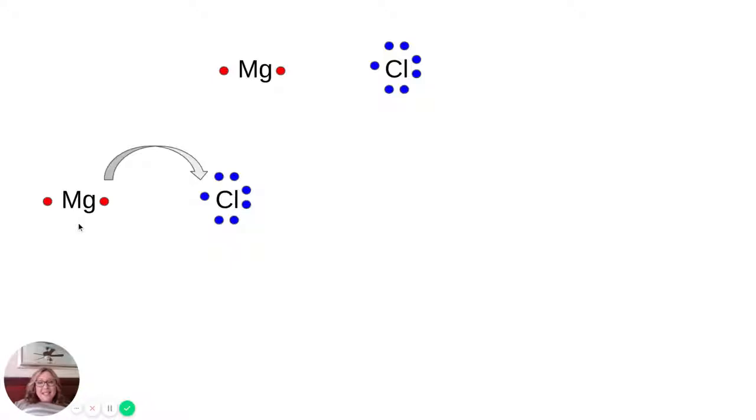Chlorine is going to steal that 1 electron from magnesium. And when it does, chlorine is going to be happy because it now has a full octet. But magnesium isn't quite so happy. It still has 1 valence electron to get rid of. So what's going to happen?